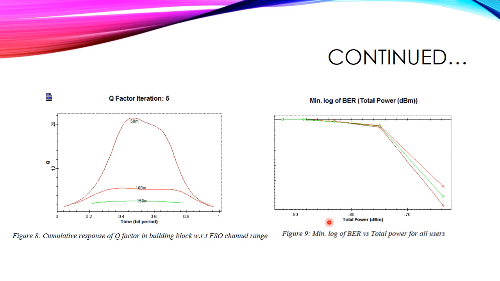This graph also shows the performance of the system for downstream communication, where we have plotted the minimum log of bit error rate versus total power of the users, and you can see here in this diagram that as soon as the distance increases, the graph is decreasing.